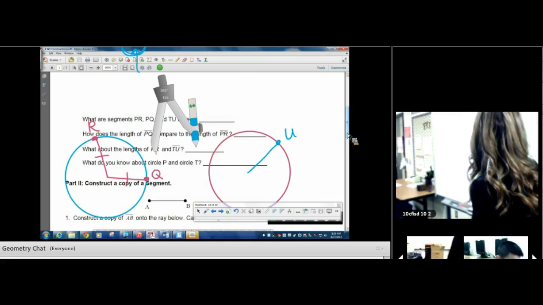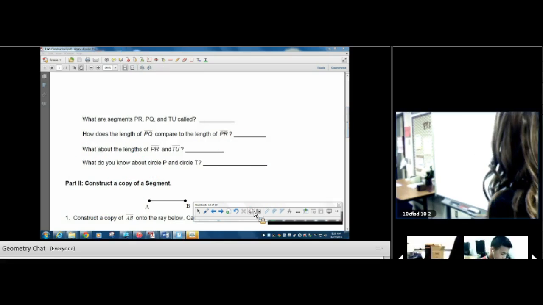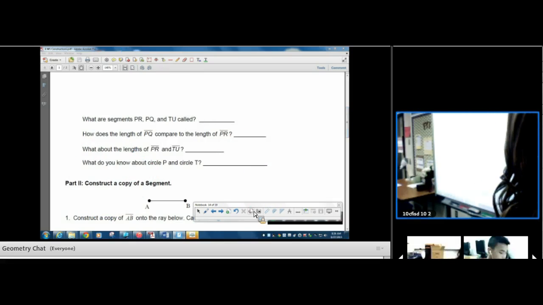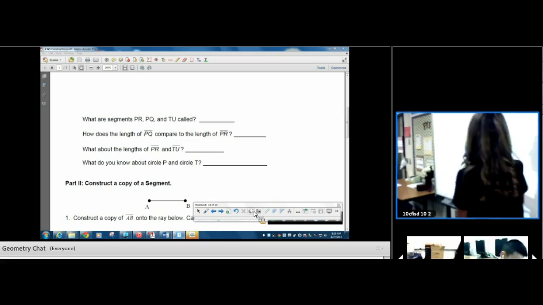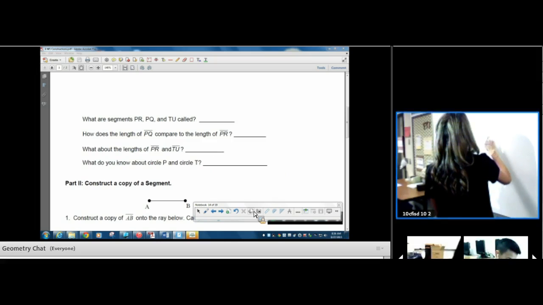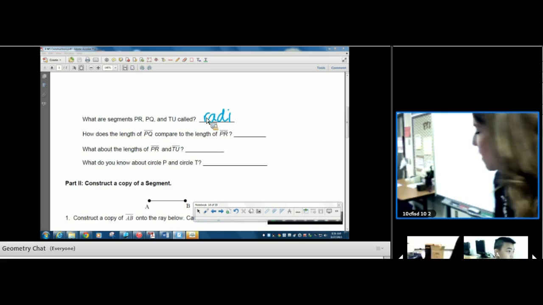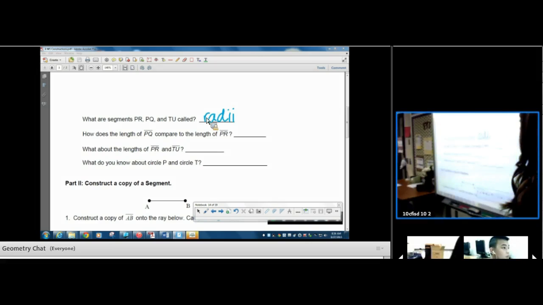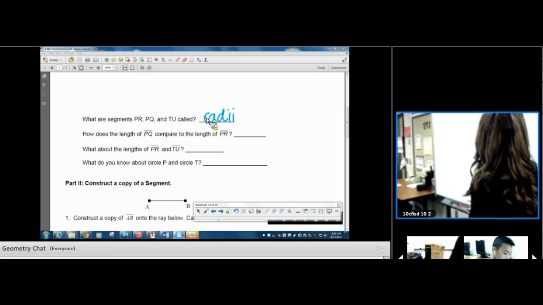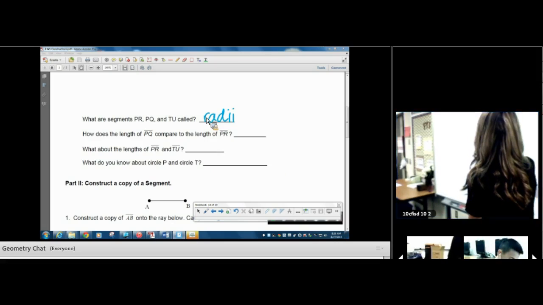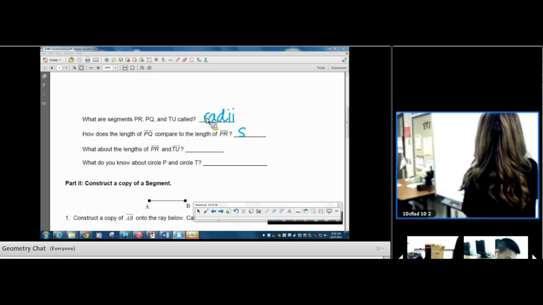Okay. What are segments PR, PQ, and TU called? They're called radii, or if you just put radius, that's fine. How does the length of PQ compare to the length of PR? You can put same or equal.